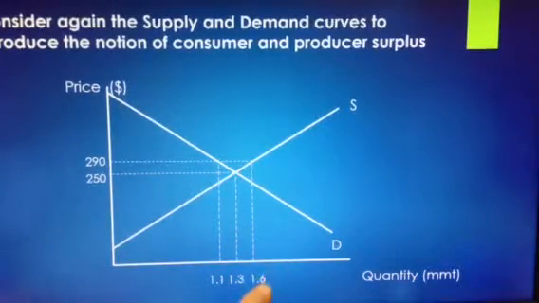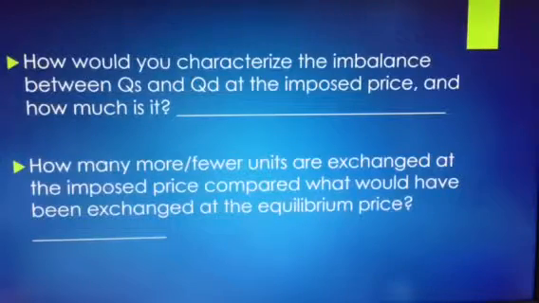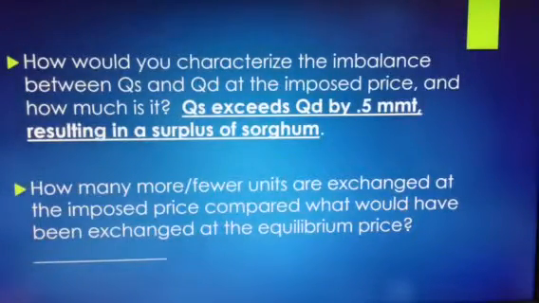You can see the quantity supplied is much greater than the quantity demanded, and so this will produce a surplus. How would you characterize the imbalance between quantity supplied and quantity demanded at the imposed price, and how much is it? Quantity supplied exceeds quantity demanded by 0.5 million metric tons.